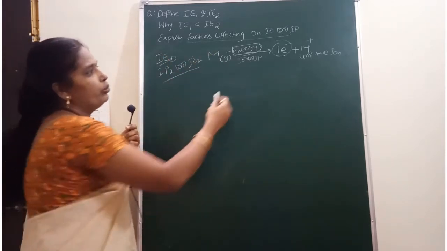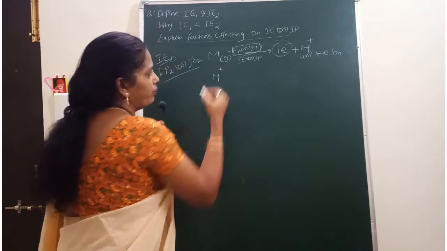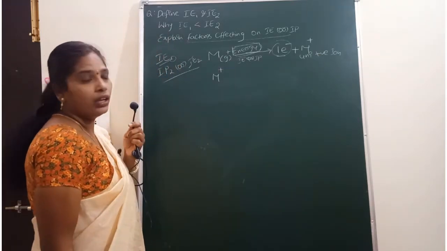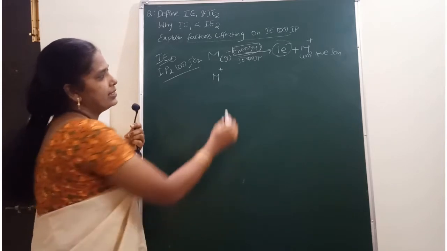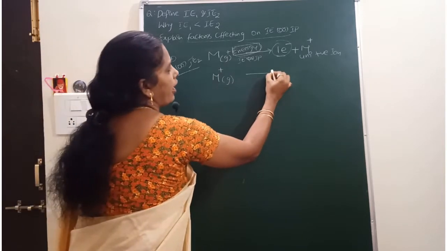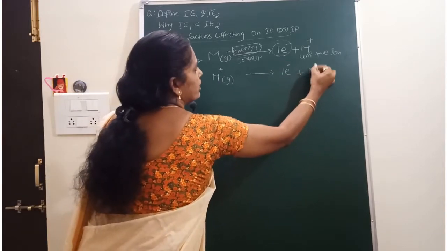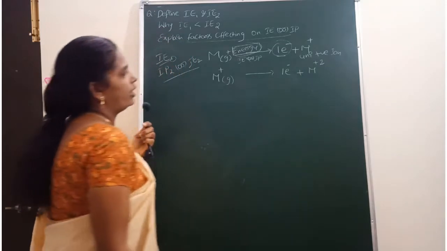Now we are removing one more electron from this unipositive ion, M plus, to get a dipositive ion.